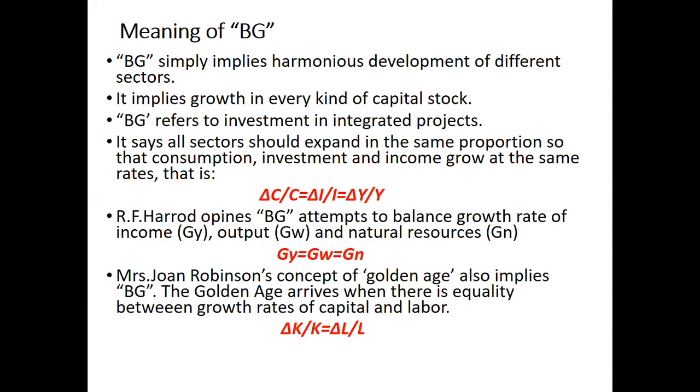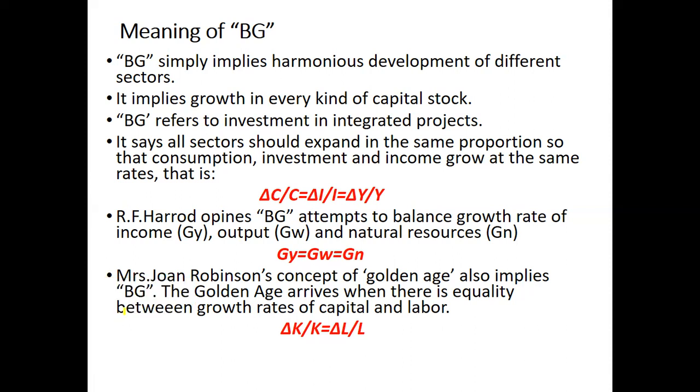So in different ways you can define balanced growth. You could say that it is harmonious development of different sectors of an economy. It is putting more money into the capital stock of every kind of business in our country. And it could be investment in integrated projects. It says all sectors should expand in the same proportion so that consumption, investment, and income grow at the same rate.